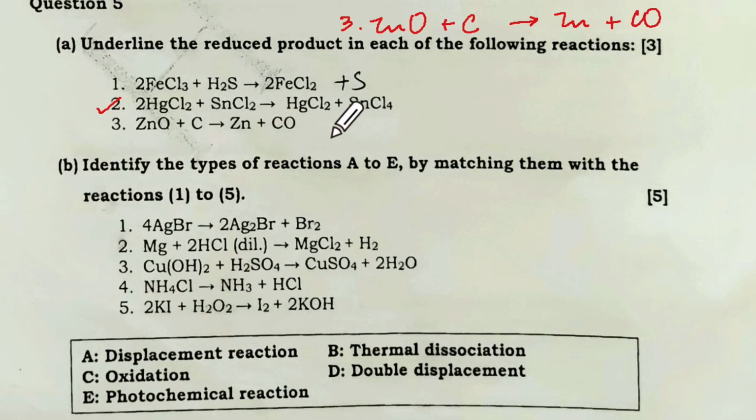Turn the page. Is it there? What is the reaction? 2HgCl2 plus SnCl2 gives Hg2Cl2, Hg2Cl2, it is the same, right? Yes, ma'am. Okay, so we were correct. Yeah. So listen. So there is an error over here. We'll rectify that. Where were we?